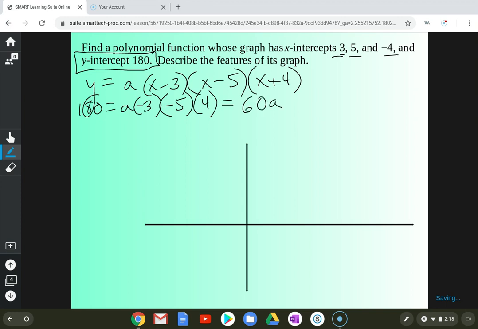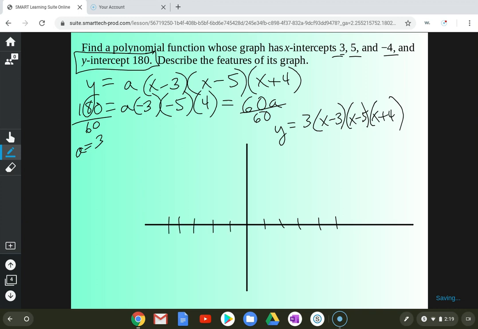Again, that doesn't always happen, it just happens to happen on these examples. So we divide both sides by 60, and we get A equals 3. So our final function would be y equals 3 times (x minus 3) times (x minus 5) times (x plus 4). All right, let's take a look at what this graph looks like now.